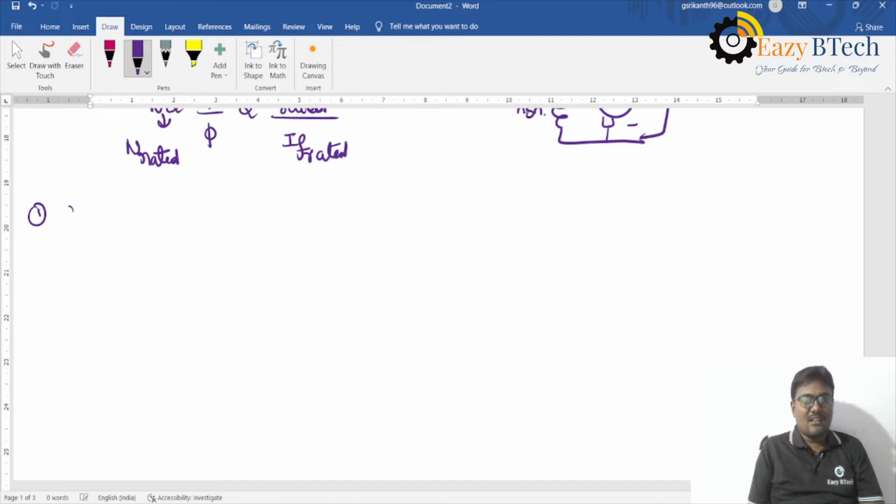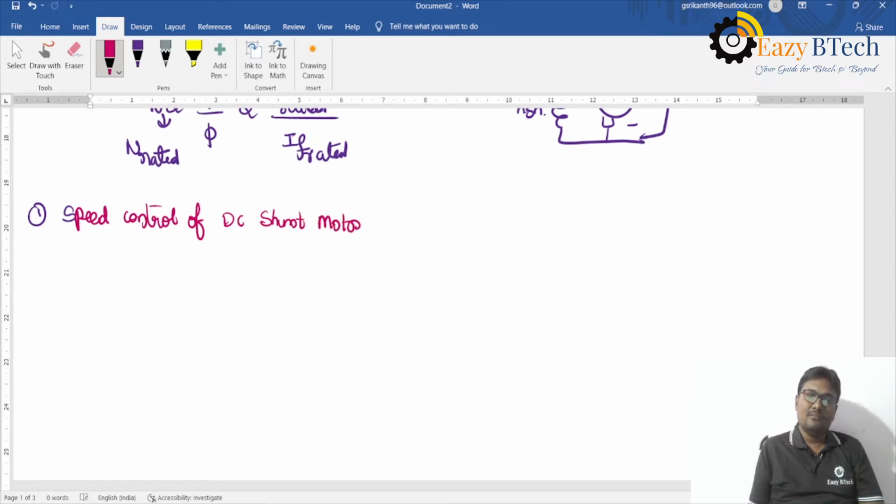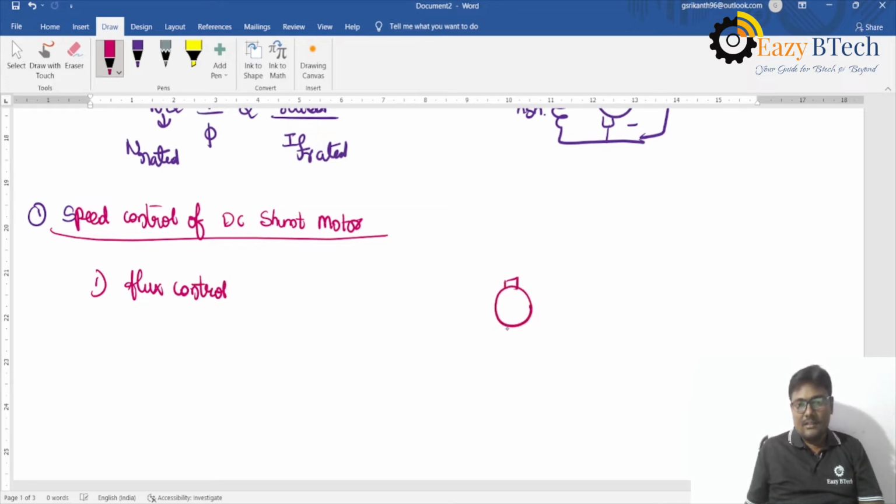The first concept is speed control of a DC shunt motor. The first method is flux control. I am drawing the shunt motor.